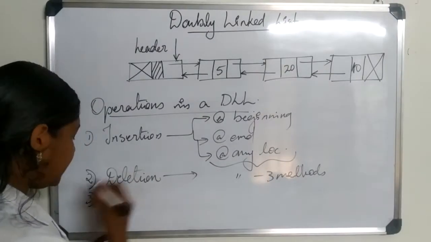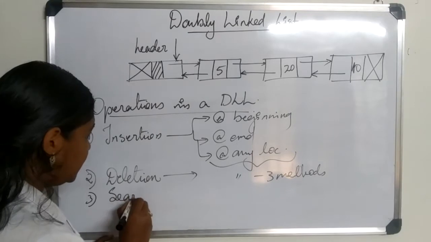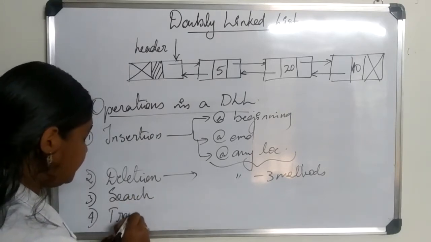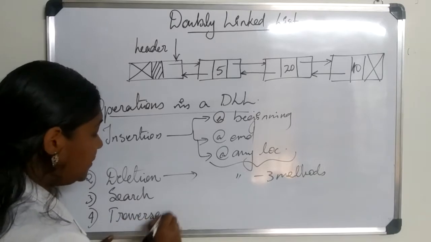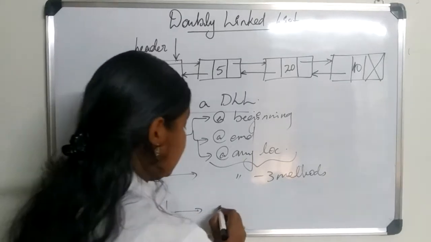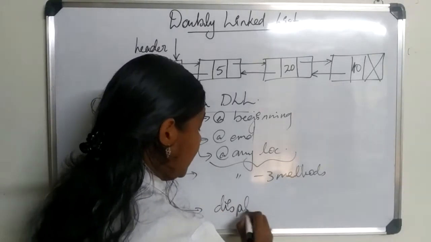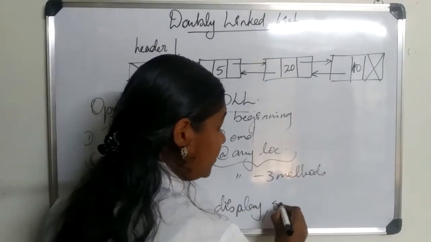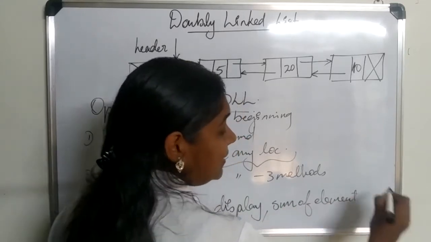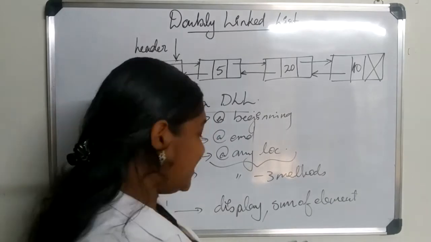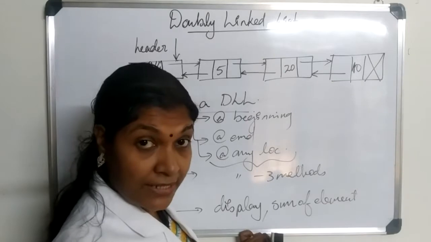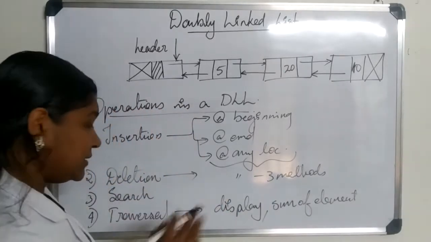Then which were the other operations? Search operation. Then next is traversal. And using this traversal operation, we can perform different types of operation. That is display, either if you want to display all the elements, or if you want to find the sum of elements. These are the common operations, and that's why I am listing all these things. Okay. So if you want to display all the elements present in a doubly linked list, then we can perform that using the traversal.